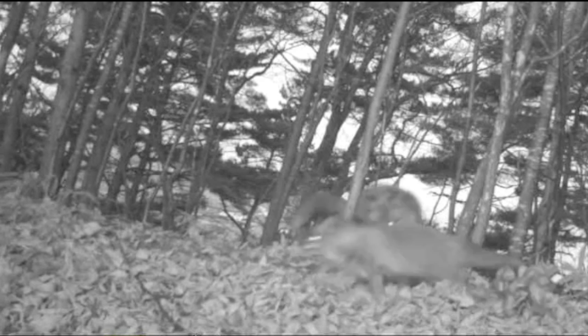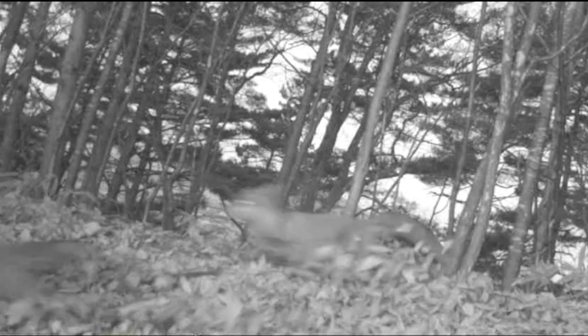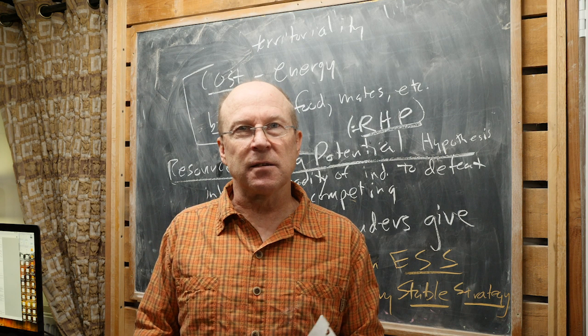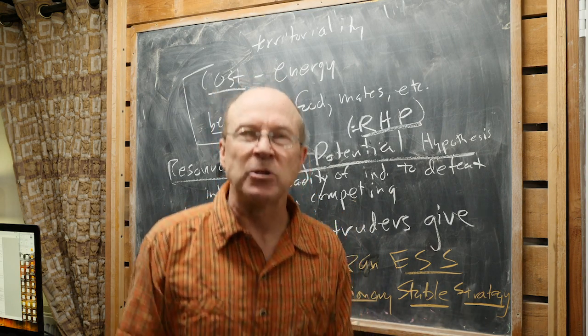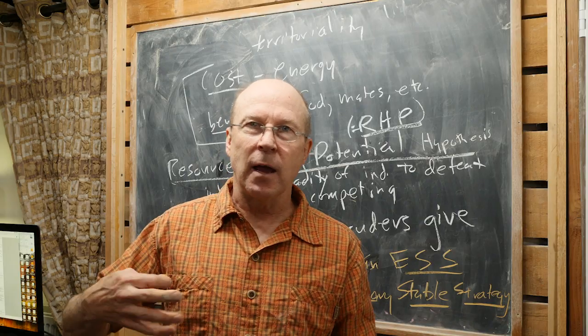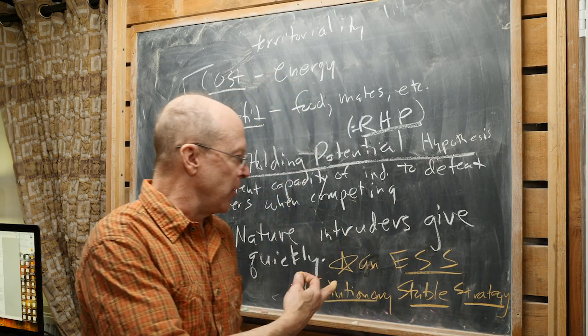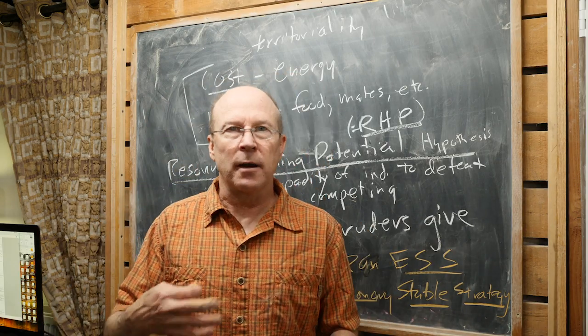There's lots of urinating, lots of sniffing, lots of chasing, and lots of tussling and wrestling. But of course, when these fights do have to happen, they are not necessarily death fights. Fighting to the death, as I just mentioned before, is really not an evolutionary stable strategy either. It's not a good thing.